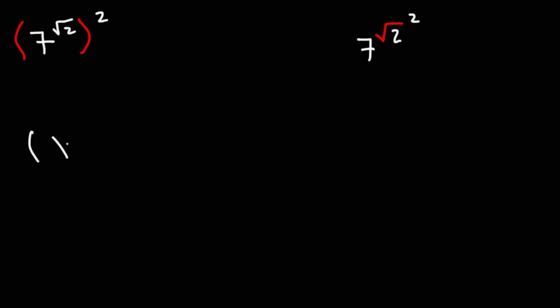Now what about this? What happens when you raise one exponent to another? What's x squared raised to the 3rd power? When you raise one exponent to another, you need to multiply the two exponents. So this is 2 times 3, which is x to the 6th power.